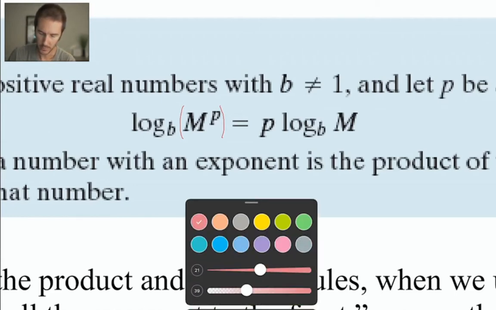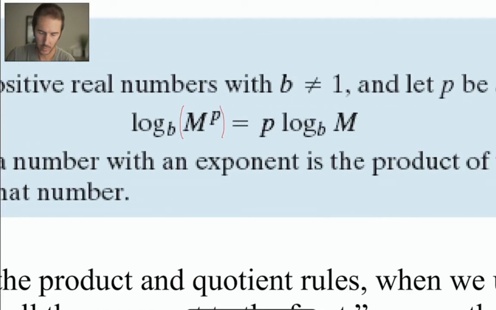So this maybe makes it a little more clear that the p that was previously in the exponent position has now moved out in front of the logarithm, to the left of the logarithm, like a coefficient.